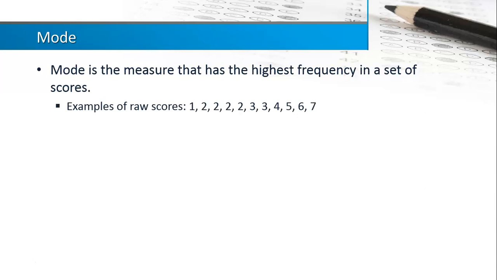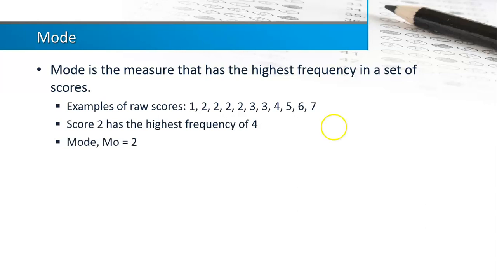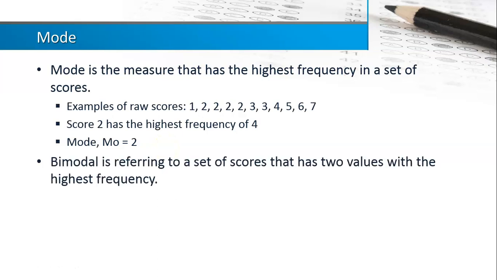For example, here is a raw score: 1, 2, 2, 2, 2, 3, 3, 4, 5, 6, 7. You can see that score 2 is the most reoccurring score. So score 2 has the highest frequency of 4. Therefore, score 2 is the mode for this set of data.